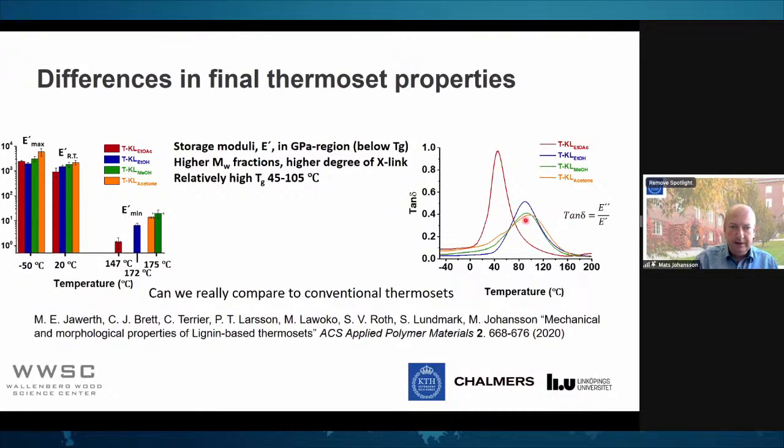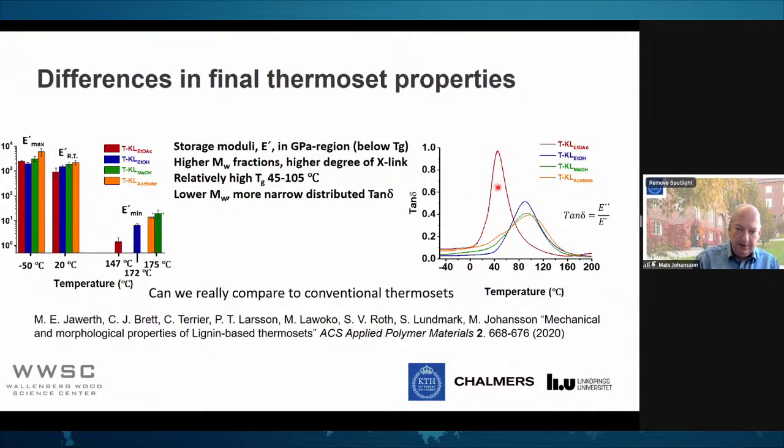It should be noted here that the volume fraction of thiol monomer and lignin monomer is approximately the same in all these samples. So the differences here must relate to the different crosslink density or the internal structure of the lignin resin we start with. At lower molecular weight, we also see a more narrow transition. So we do see significant differences in final properties.